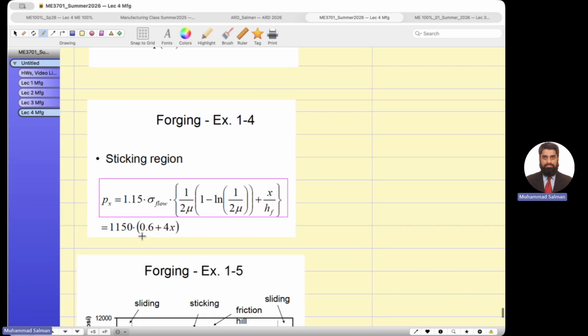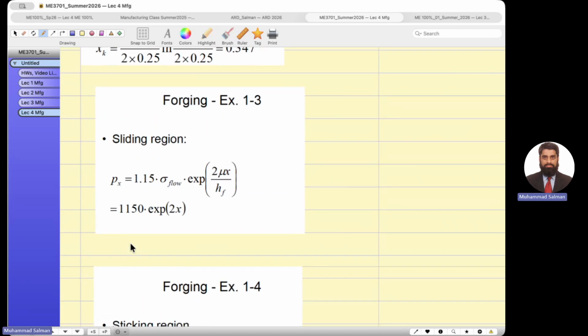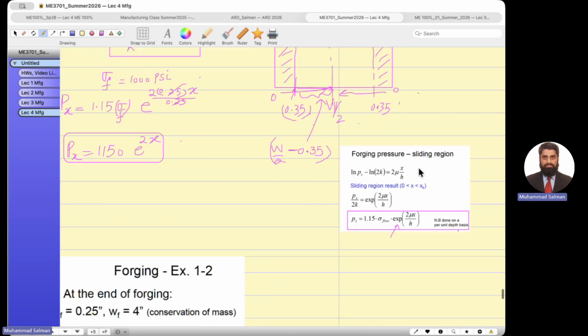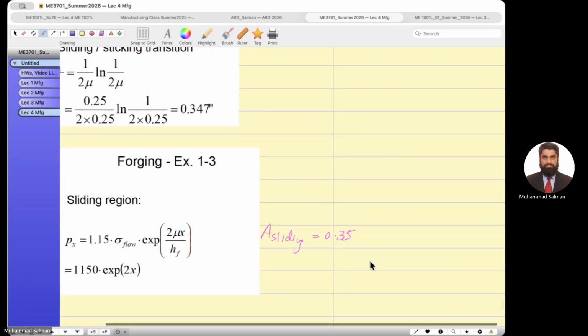So if you know Px for the sticking and Px for the sliding, can you find out the force? Look, area sliding. What is area sliding? It is 0.35 times 2 times the depth.